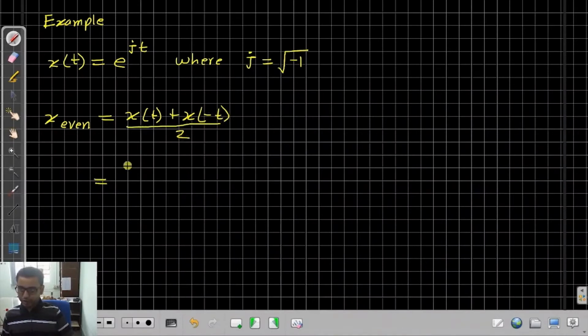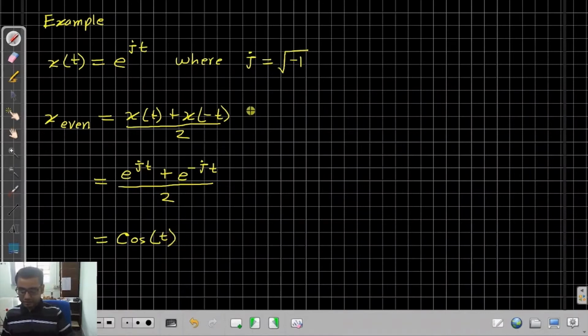Now if I put the values, this is same as e to the power jt plus e to the power minus jt whole divided by 2, and by definition or by Taylor series expansion, you can prove that this is same as cosine t.